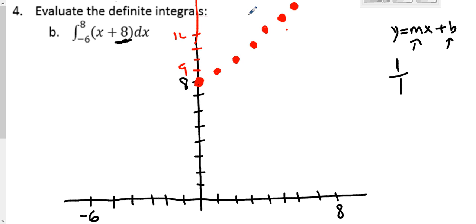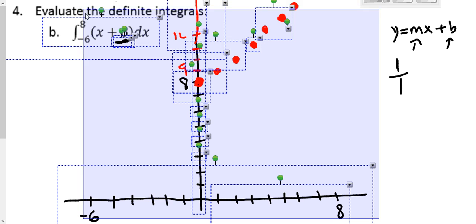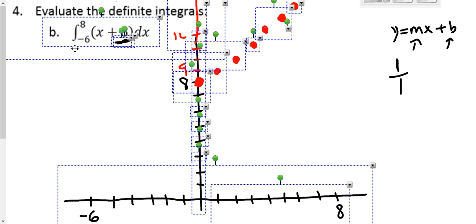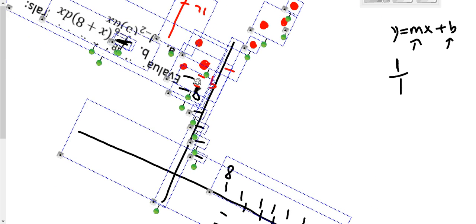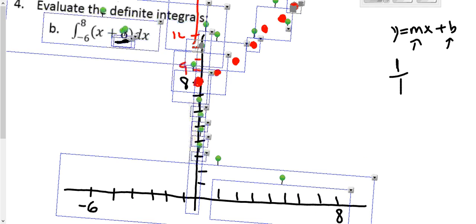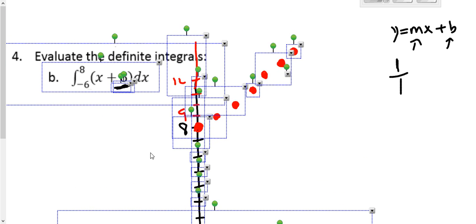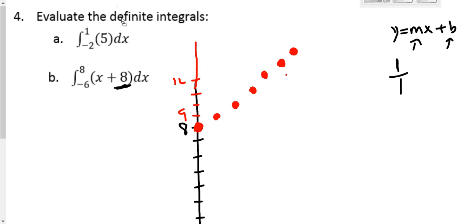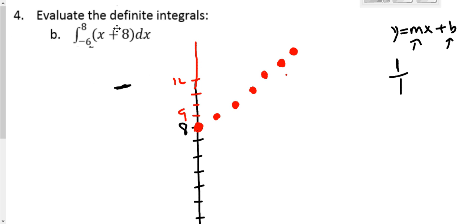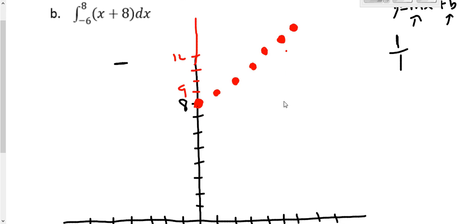I have to move this down again. A little bit easier for me than it is for you. Okay, move this back up here. Okay. And so we are at, what are we at?